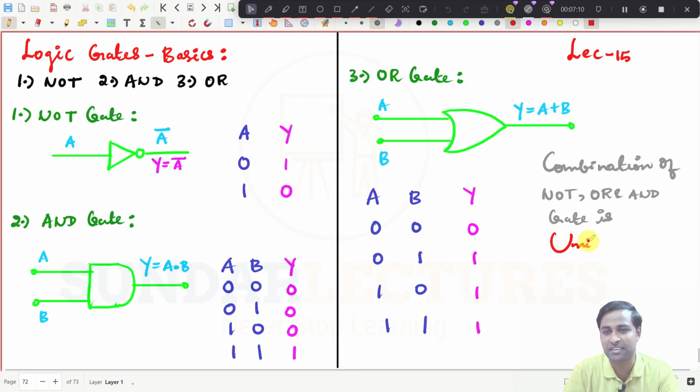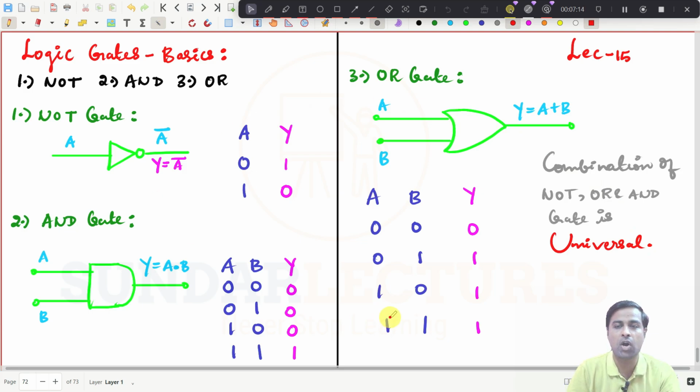What is universal? You can perform all the operations in a Boolean expression with these three gates. Try to understand, right? That is the whole idea.